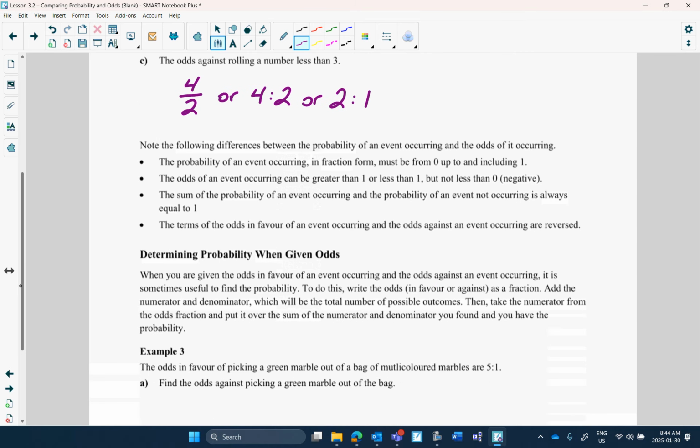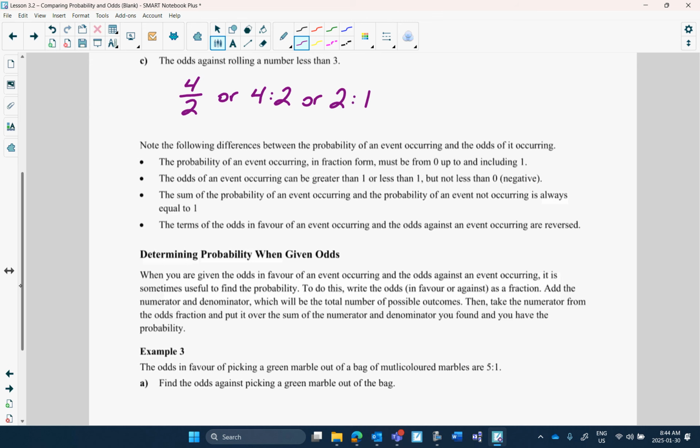So here you can see the differences between probability and odds. Remember yesterday we talked about the probability of an event occurring, if it's in fraction form or decimal form, must be from 0 up to and including 1. It can never be greater than 1.